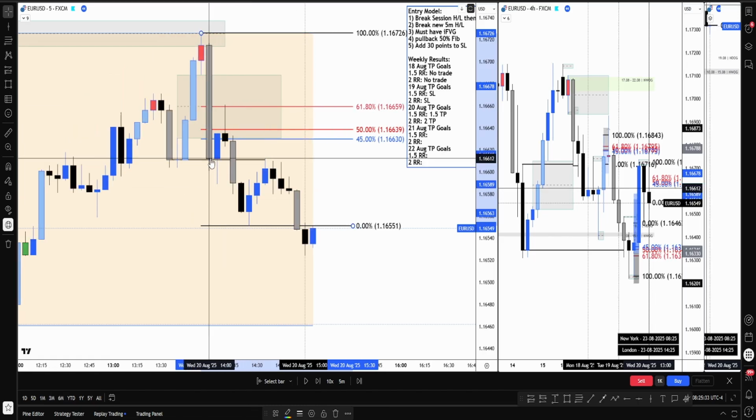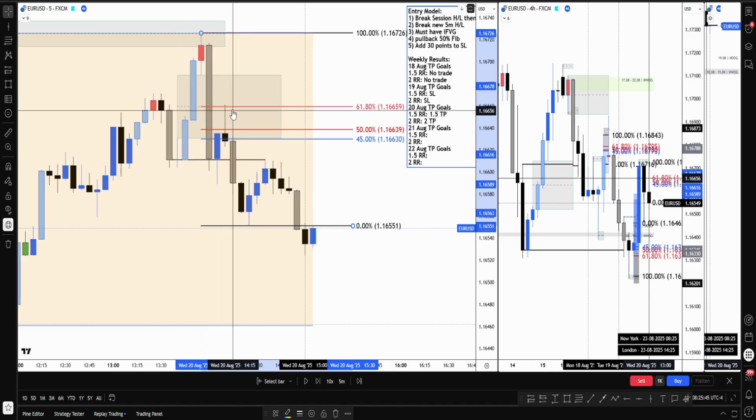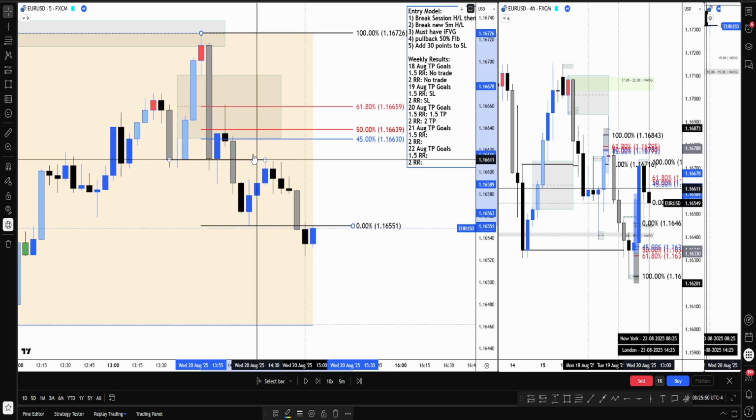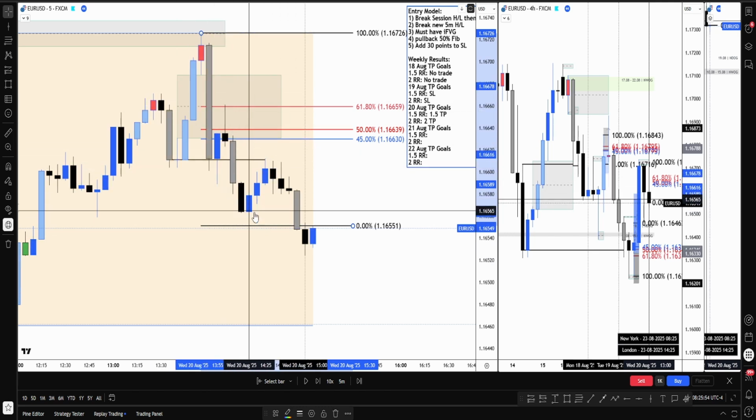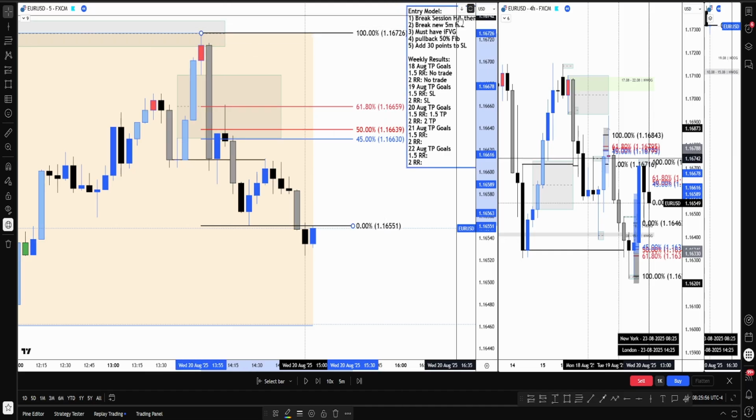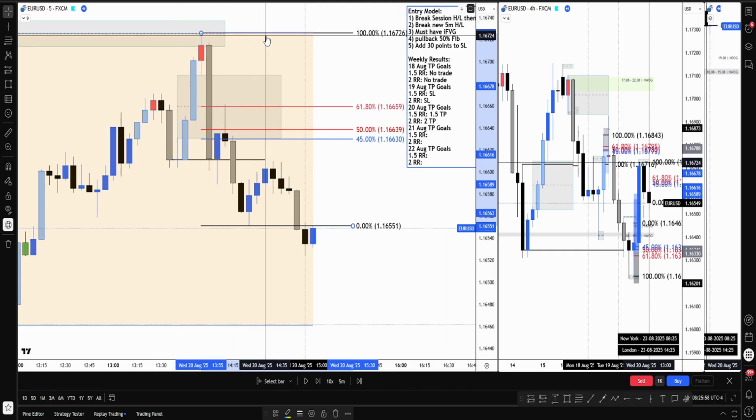I wish I had been awake at that time to look for this entry model. If I told myself that this candle closed below that line, I would have loved to enter this trade on my small personal account, because it would have been a textbook entry model. We have everything. We have the break of the high, testing the high of the session.